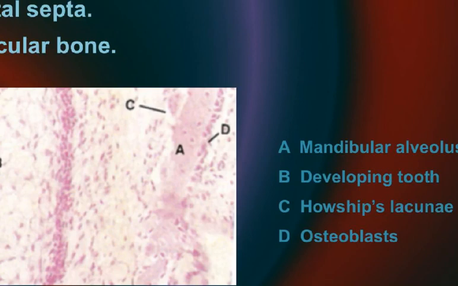So on the external side we have osteoblasts, which form new bone, also called osteoid. And on the inner side we have osteoclasts, which resorb bone to allow for the growth of the adjacent structure, which is in this case the tooth germ.